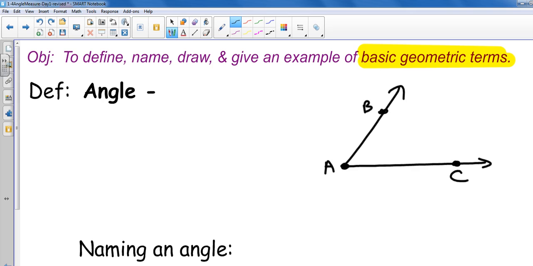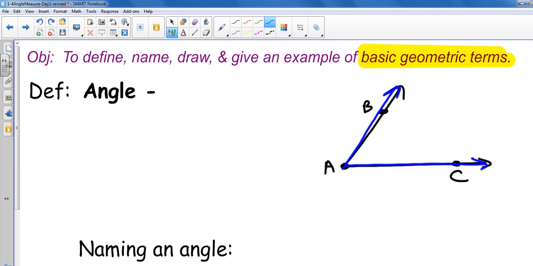And we can now define an angle as literally being a combination of another word that we already talked about. If we look at AB and if we look at AC, those are two rays. And what's special about those two rays is that they share an endpoint.